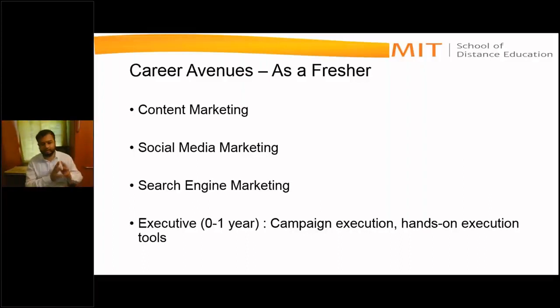Then social media and SEM, search engine marketing, is when you figure out how to create a campaign for the content that you have created. So that is how you can map it. And for freshers, campaign execution and hands-on tools is what the industry would offer.